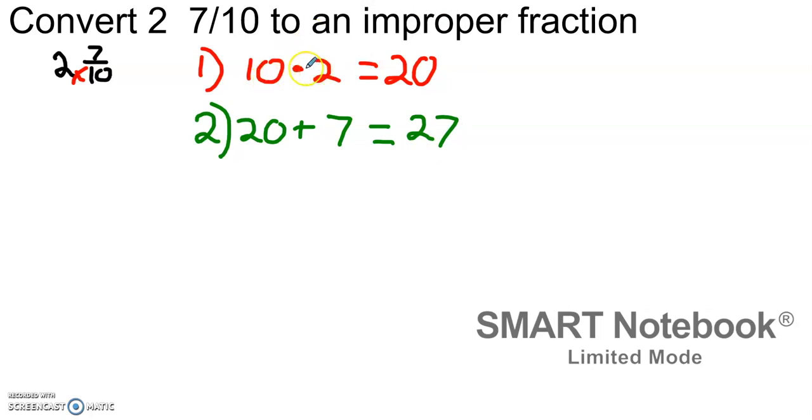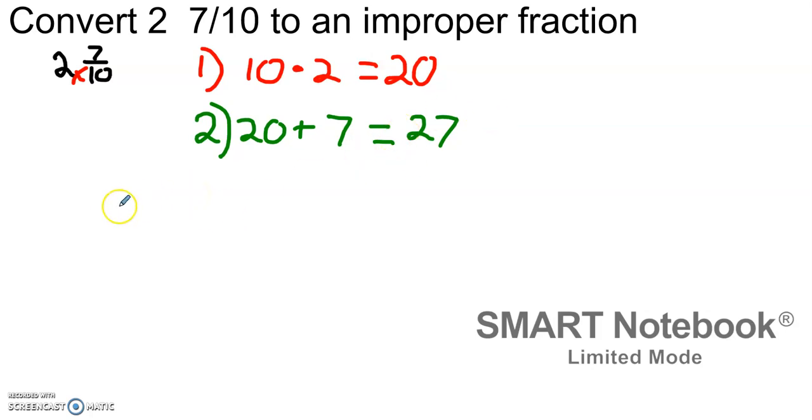We did 10 times 2 because our denominator says there are 10 pieces in one whole number. Since we have two whole numbers, that's how we got 20, 10 plus 10. And remember, repeated addition is multiplication. Then we just add the pieces that we have in the numerator. It's like we're throwing all the pieces in the pot, and that's how we got 27.